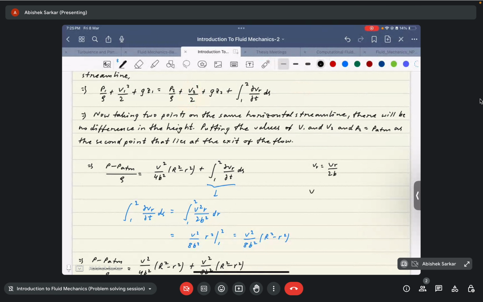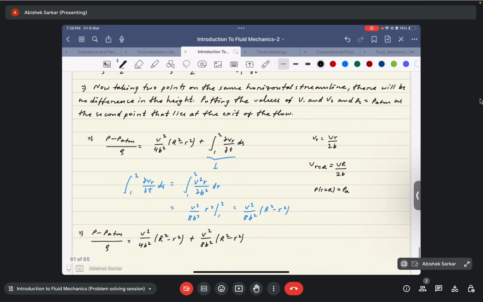Then V at R equal to capital R would be basically V into capital R by 2B, right? So we essentially know V at the outer edge of the fluid. Similarly, P at R equal to capital R would be equal to PA, the atmospheric pressure, right? So point 2 would imply R is equal to capital R.